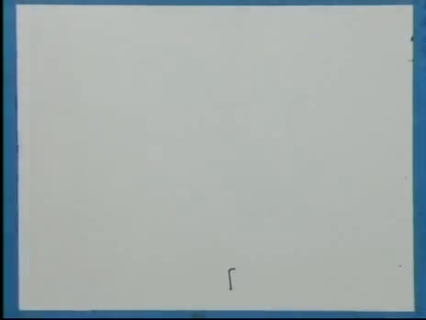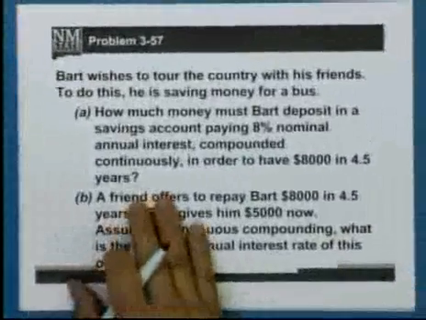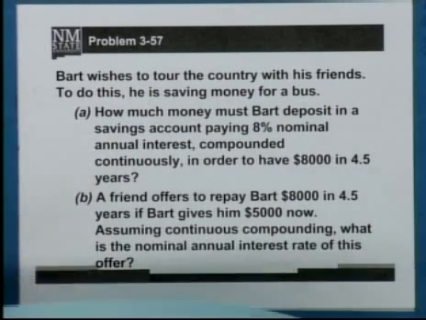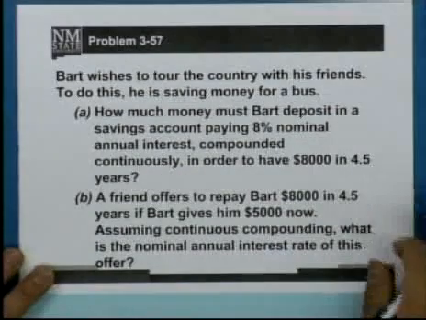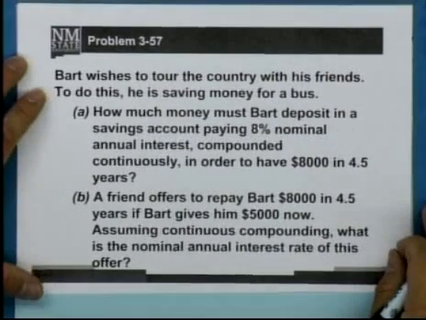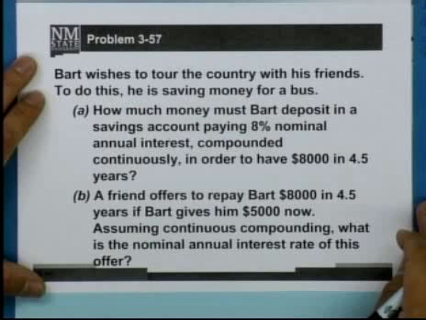Okay. Let's solve one more problem from the end of chapter 3, which is problem 3-57. Bart wishes to tour the country with his friends. To do this, he is saving money for a bus.